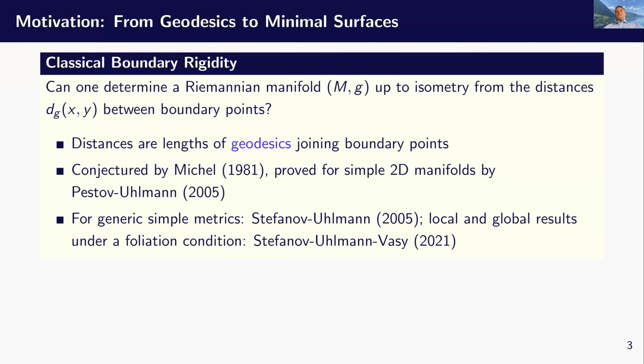So let's first recall what was the classical boundary rigidity problem. It asked if one can determine a Riemannian manifold with boundary up to an isometry from the distances between the boundary points. You can move these boundary points x and y on the boundary, and you're allowed to measure the distance d(x,y) between those ones.